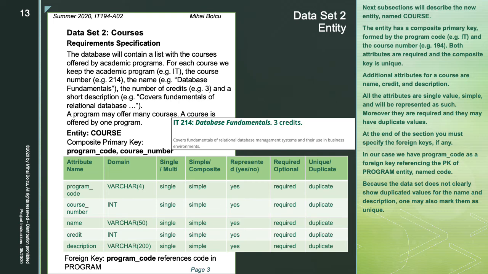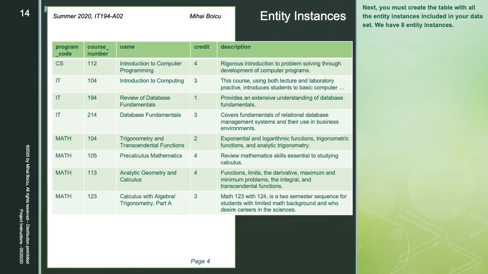Because the dataset does not clearly show duplicated values for the name and description, one may also mark them as unique. Next, you must create the table with all the entity instances included in your dataset. We have 8 entity instances.